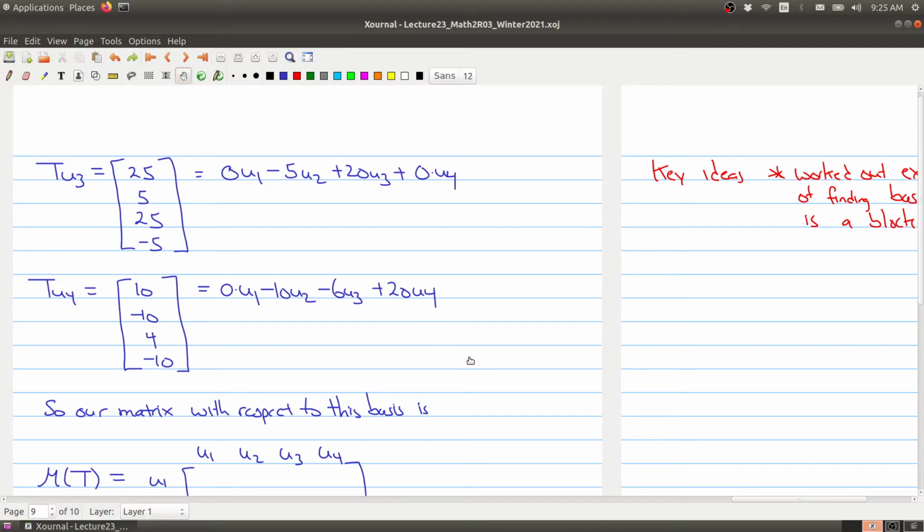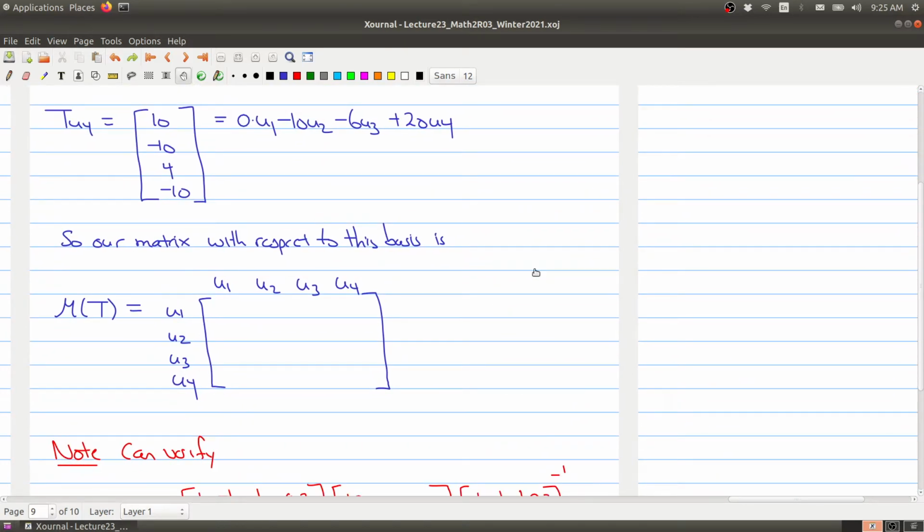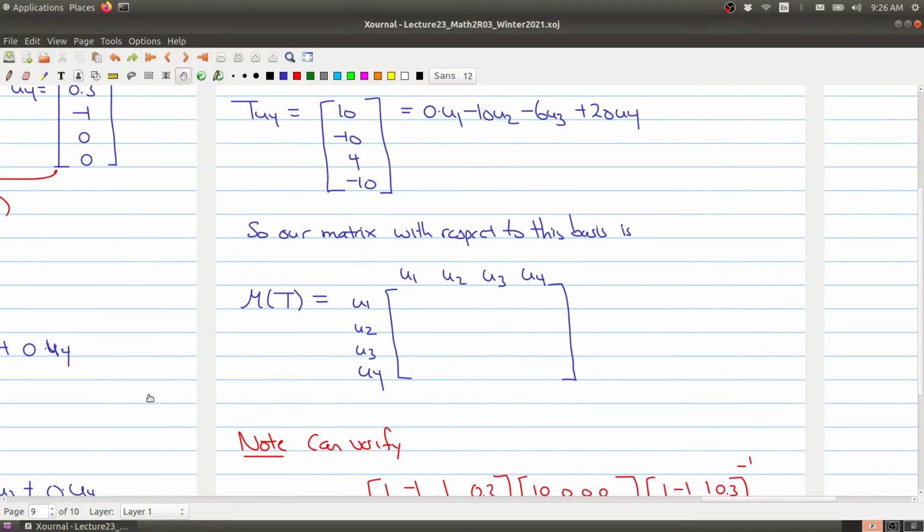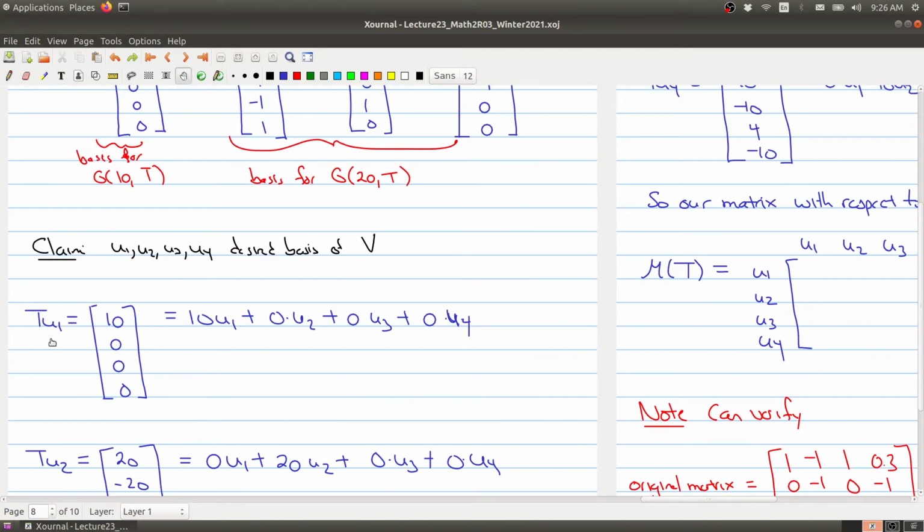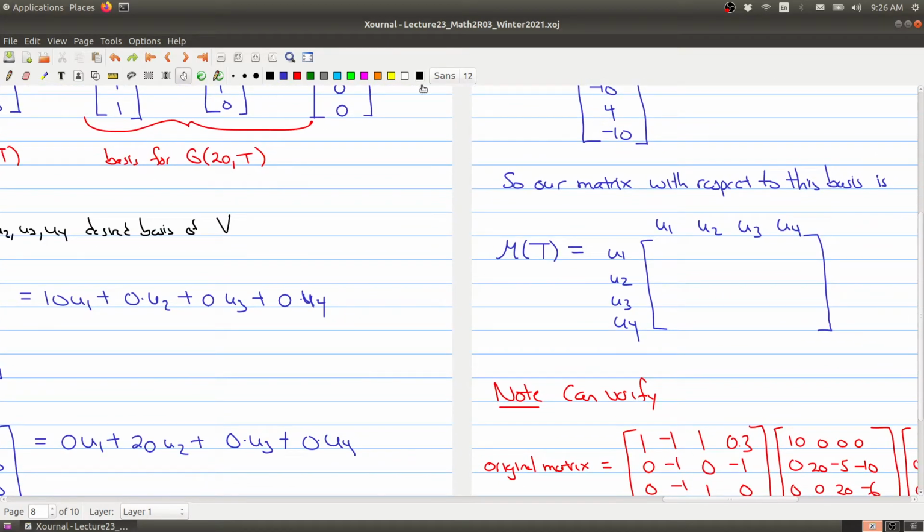Okay, so we now actually have all the information, because if we use this as our basis and use our standard procedure of finding the matrix associated to it, u1 gets written in terms of this combination of the basis. So the first column is 10, 0, 0, 0. These are the coefficients. The next column is 0, 20, 0, 0.